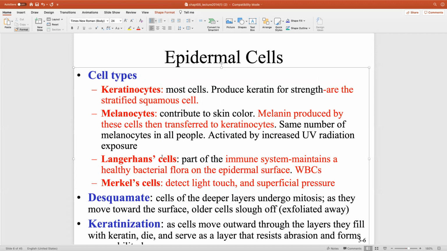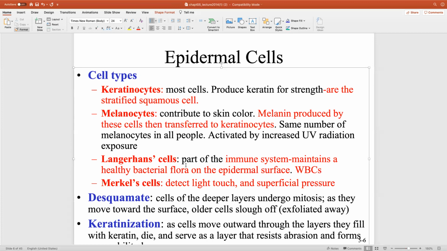Langerhans cells are important because they're part of the immune system. This is what keeps a nice, normal, healthy bacterial flora on our skin. If something happens to these Langerhans cells, you'll have more likelihood of infections from things that seed in there that are worse than normal. You guys have heard of people having flesh-eating types of bugs, right?